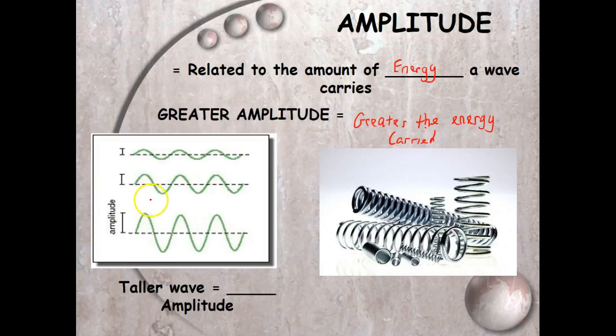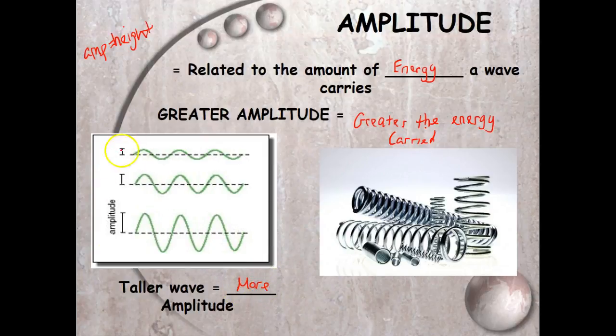How do you denote that? I would put this in here: amplitude, I'm just going to put amp, is equal to the height of the wave. That means the taller the wave, the more amplitude you have.